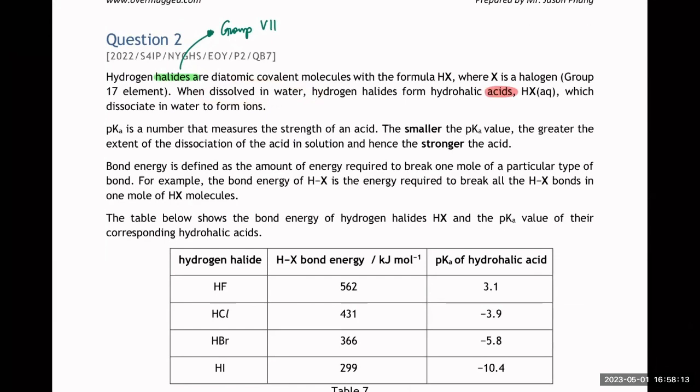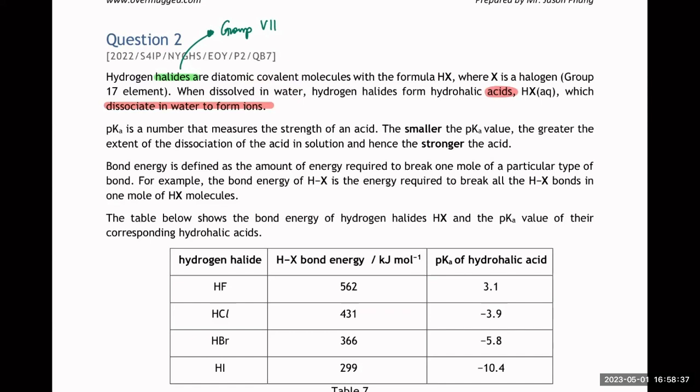If you look at the periodic table, it's also there, right? That is 17. But usually we will ignore the entire middle part.